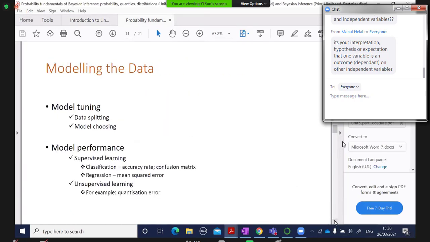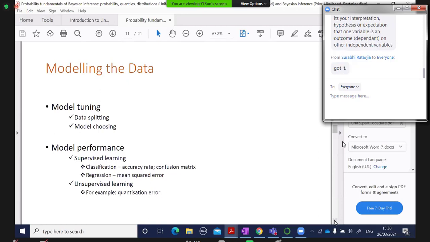Now, stage 4, modeling the data. Modeling the data includes model tuning and model performance. This step involves the use of statistical methods and machine learning models.